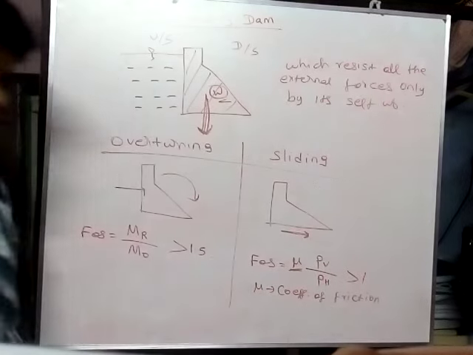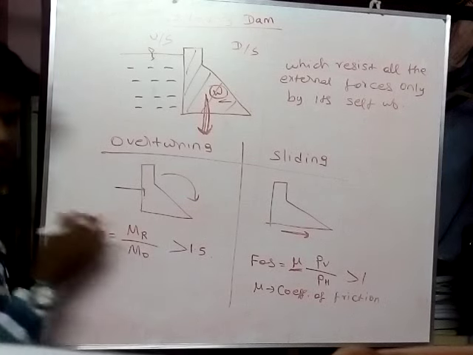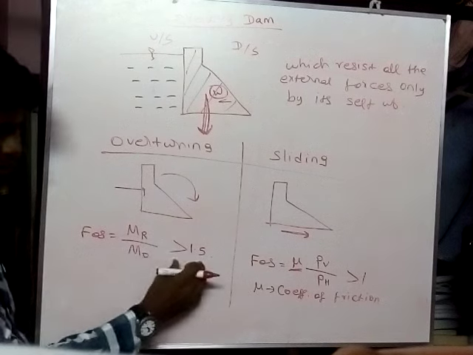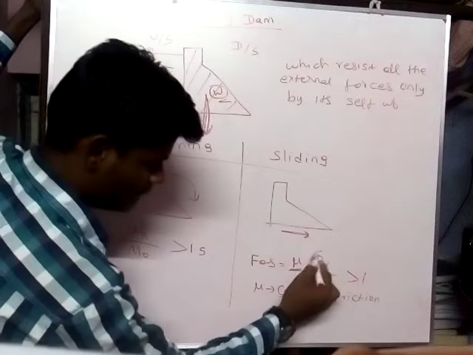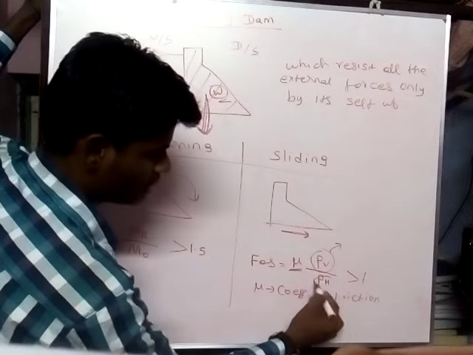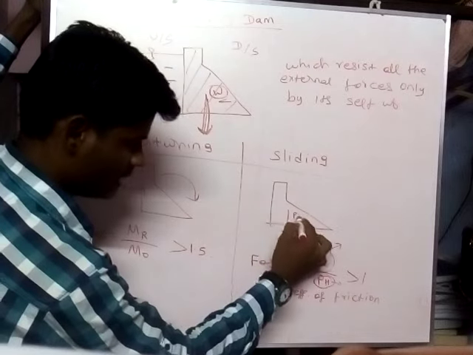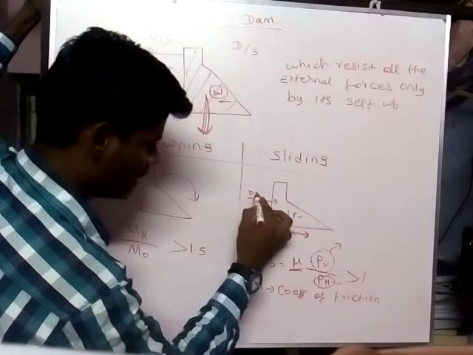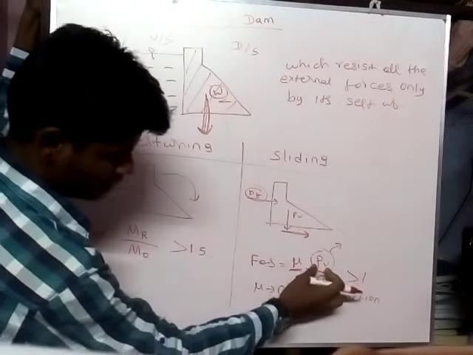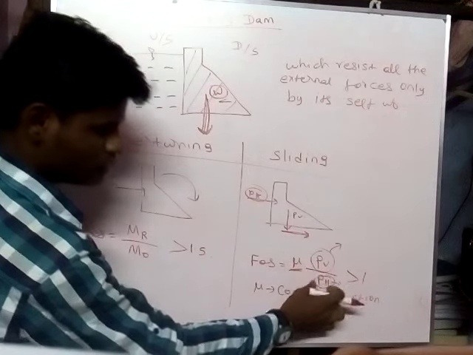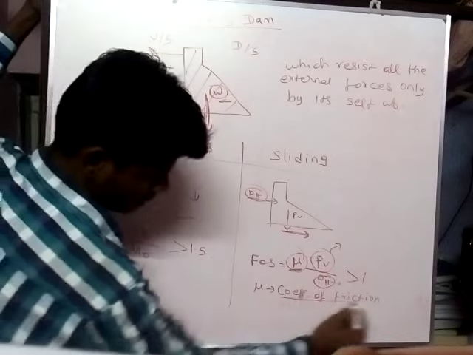So the factor of safety against overturning is the resisting moment to the overturning moment, which is greater than 1.5. The factor of safety against sliding is the resisting force PV to the sliding force PH, multiplied by the coefficient of friction.